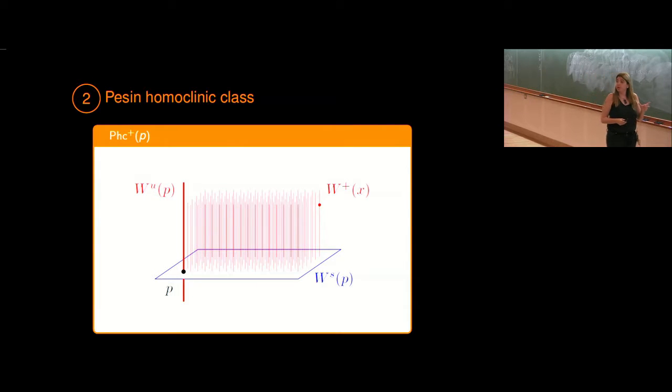This is a very important object. It is invariant, and it is what is called u-saturated, saturated by unstable leaves. Okay?